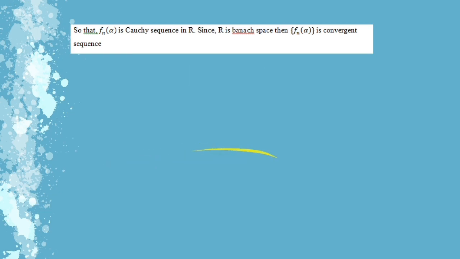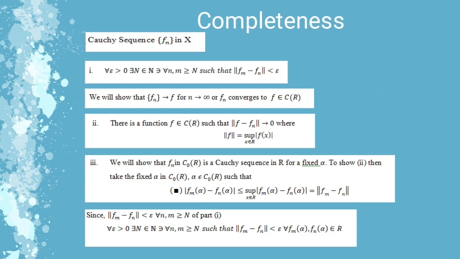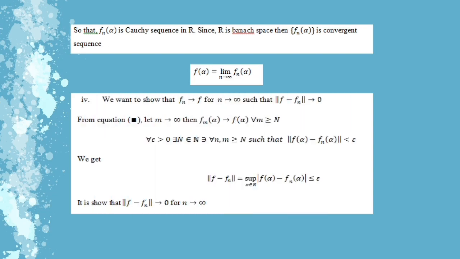From the equation from part 3, we let m approach infinity, then f_m(alpha) converges to f(alpha) for each n greater than or equal to N. And for each positive epsilon, there is N an element of the natural numbers such that for each n, m greater than or equal to N, the norm of f(alpha) minus f_n(alpha) is less than or equal to epsilon, and we get the norm of f minus f_n is equal to the supremum of the absolute value of f(alpha) minus f_n(alpha), which is less than or equal to epsilon.